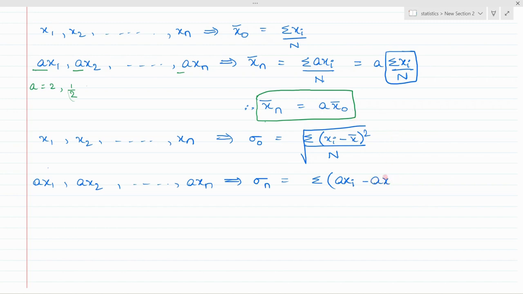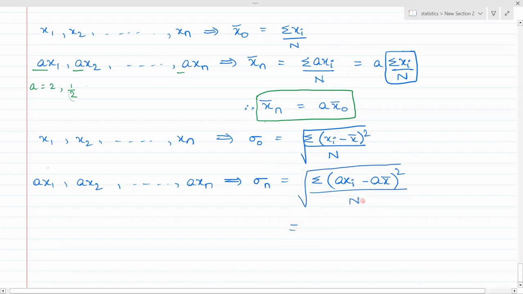So a x bar whole square upon n. So if we take a common, it becomes sigma a square xi minus x bar whole square upon n under root.